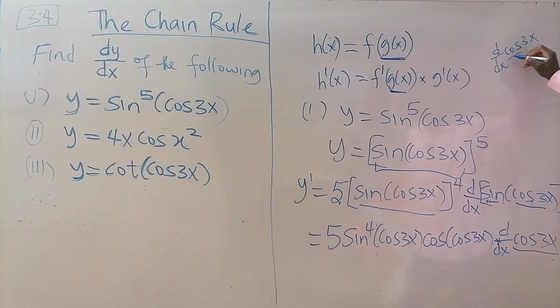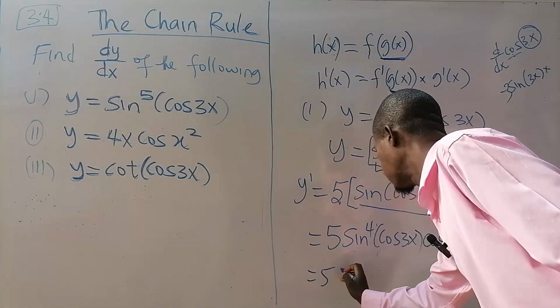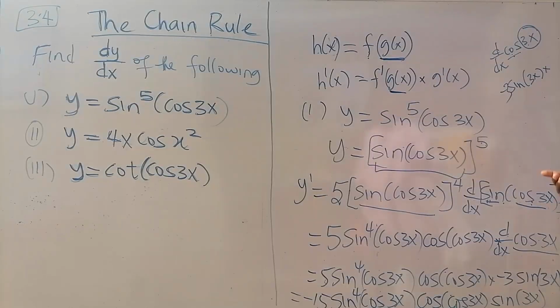The derivative of cos is minus sine of the function, and then times the derivative of the inner function, that's times 3. So I'm going to have 5 times minus 3, that's minus 15. So that's that on this first example of a chain rule.